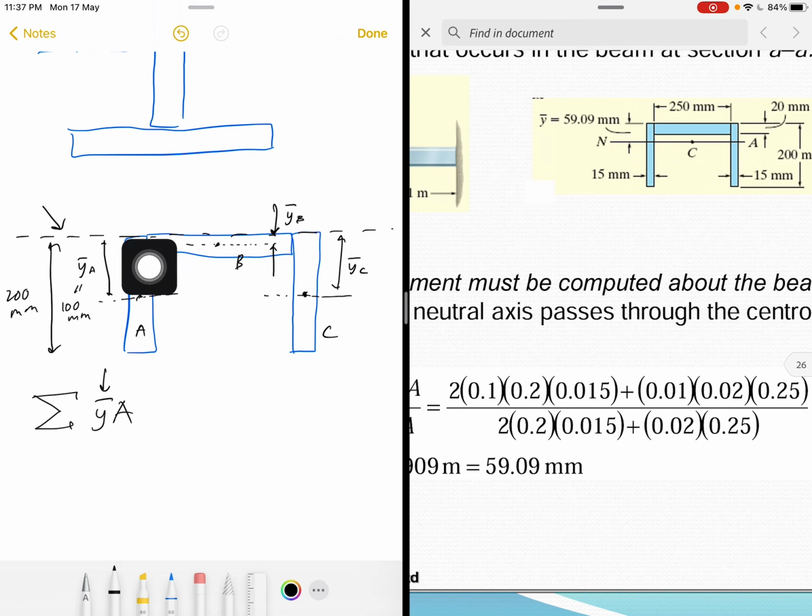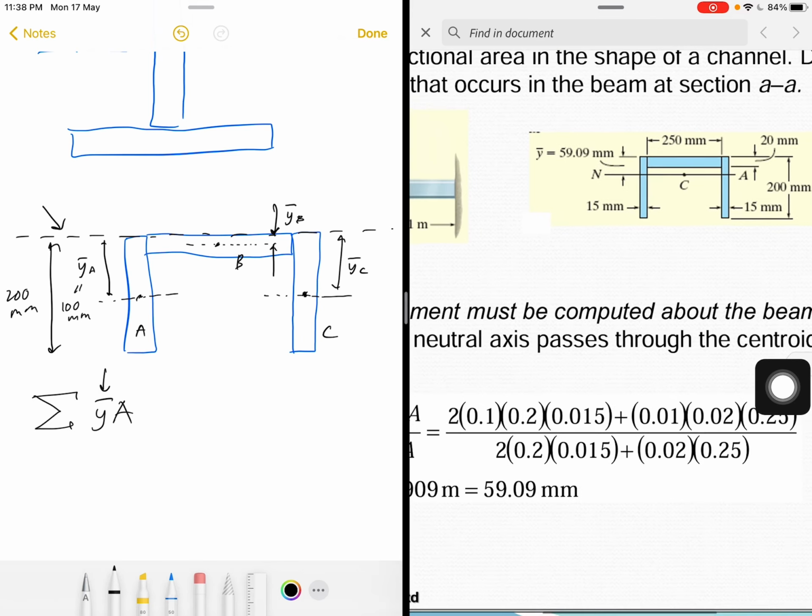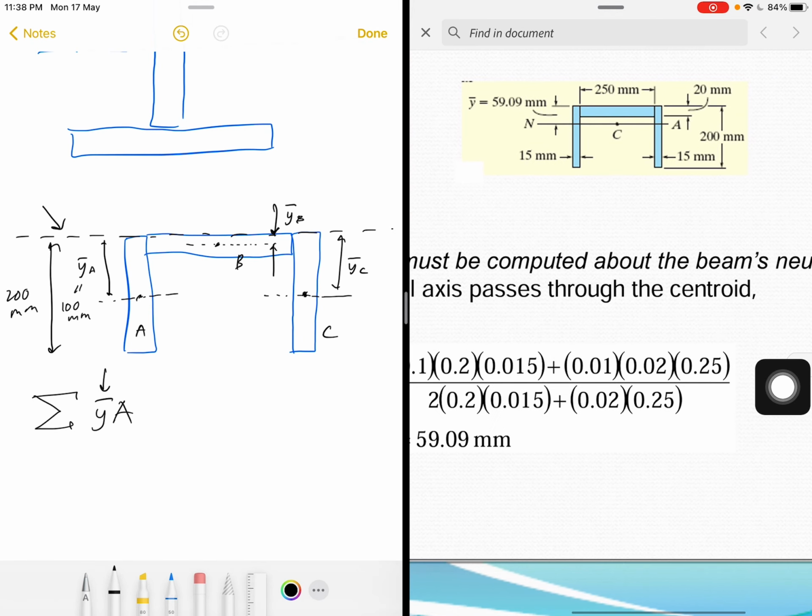That is for both A and C. This part is for rectangle B: y prime B is equal to 0.01 meter, 0.02 is the thickness, and 0.25 is the length, 250 millimeter.